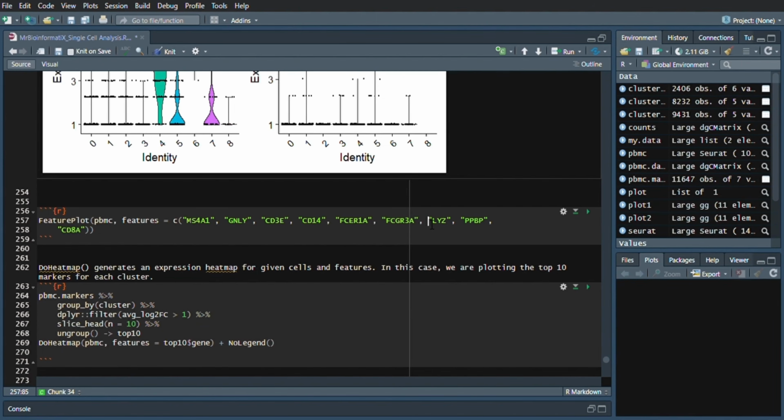By visualizing the expression of marker genes, we can distinguish between different cell types. For example, if we know that gene A is a marker for neurons and gene B is a marker for glial cells, we can use FeaturePlot to see where these genes are expressed and identify the corresponding cell types. So let's run our code.